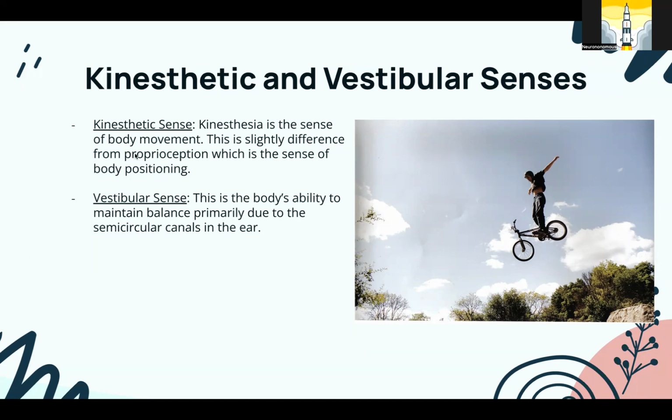Also, kinesthesia is responsible for sensing this movement, because he's moving down due to gravity. And then we also recognize that on his body there are mechanoreceptors that help to sense where his arms are, whether they're even, or where they are relative to his head. And so we can see that we have these three components working together here.